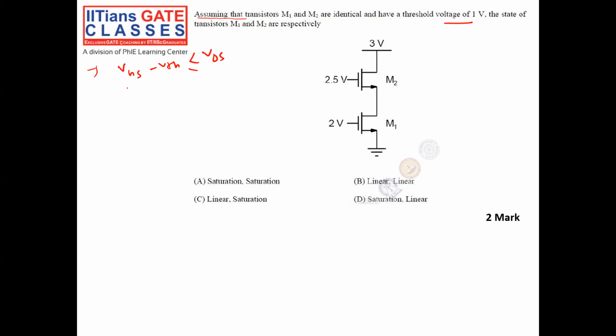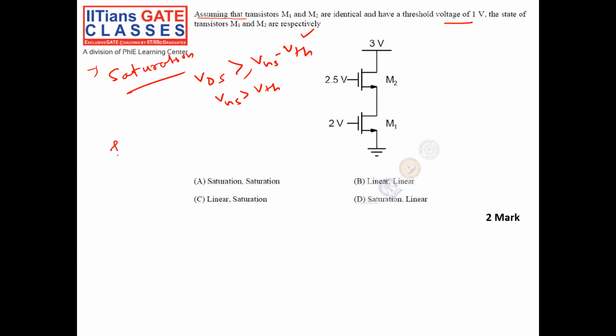So the condition for a transistor to be in saturation is VDS should be greater than or equal to VGS minus VTH, and VGS is greater than VTH. That is definitely to make the transistor on. So this is the important condition.